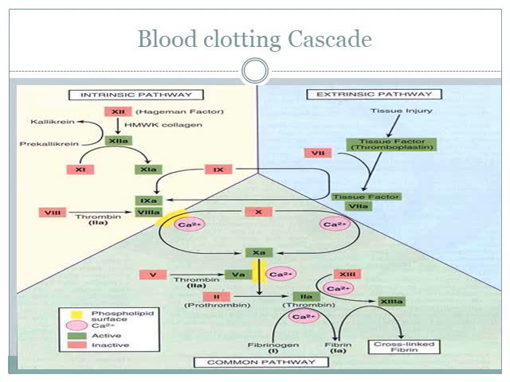There's certain factors like factor 10, 9 and 12 that have been given names associated with who found them, like factor 9 being the Christmas factor, 10 is the Stuart-Prower factor, and factor 12 is the Hageman factor, just for curiosity's sake.